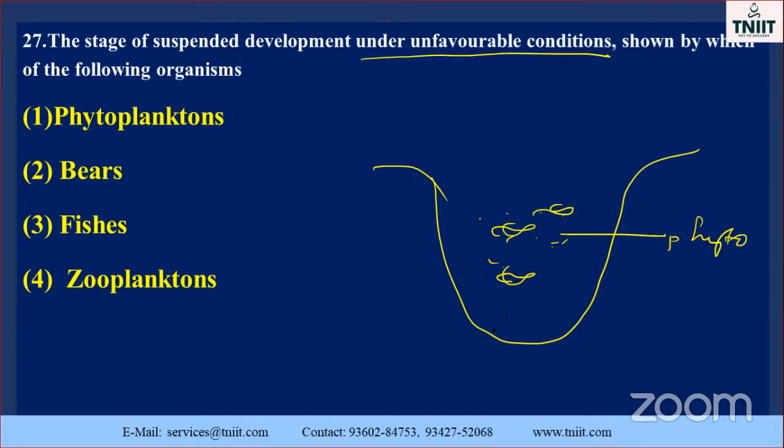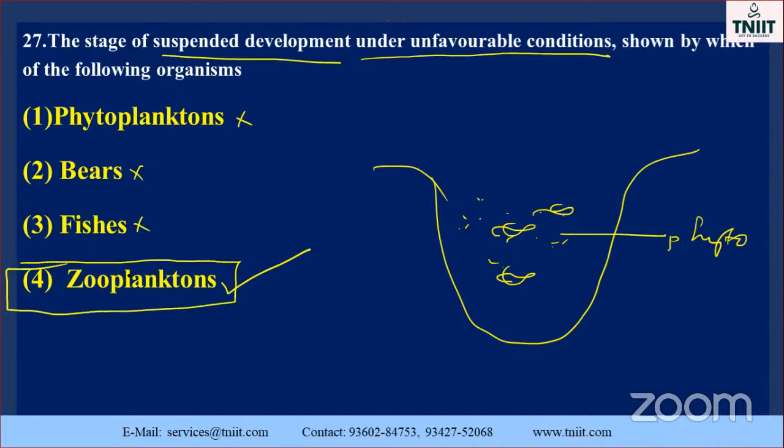Fishes, zooplankton. Here, unfavorable condition, which one shows suspended development? Just imagine which one is the correct answer. Zooplankton is the correct answer. Phytoplanktons will not come, bears will not come, fishes will not come. Zooplankton is the correct answer.